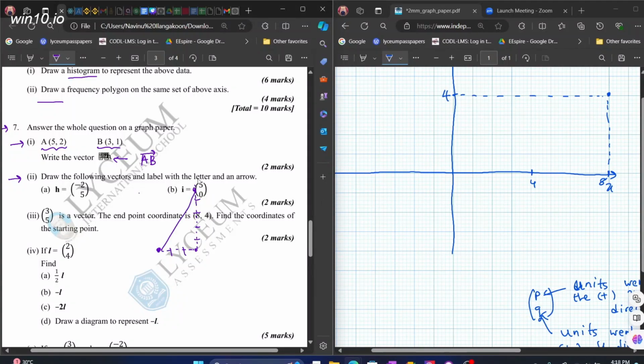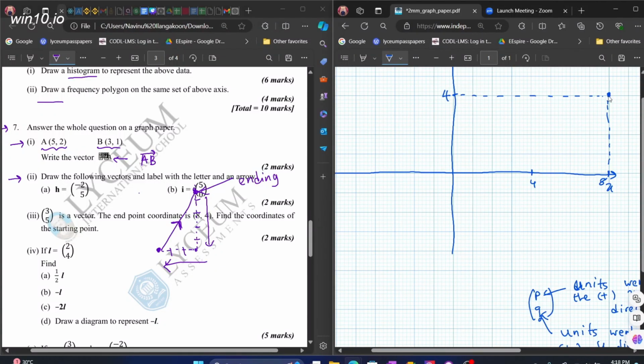But when they are given the ending point, so this is now the ending point. So this is the vector's direction. Now, if we want to find the starting point, what we have to do? We have to go in the exact opposite. Okay. First we came this way. Now we have to go this way in the exact opposite.